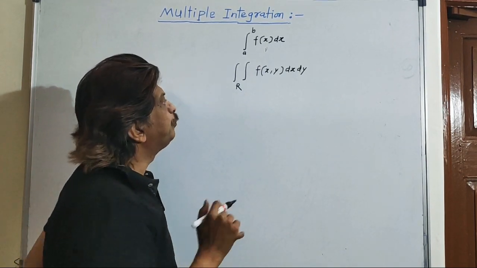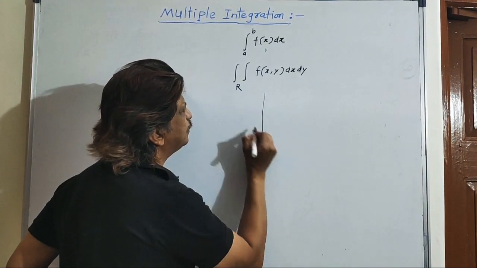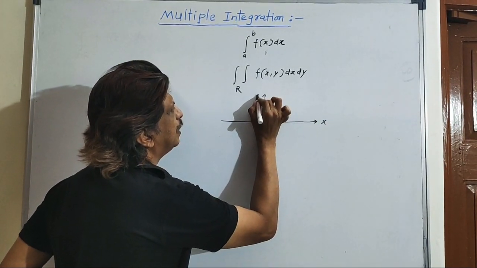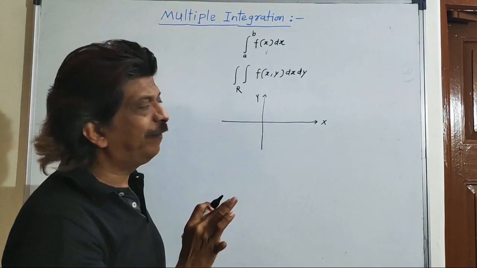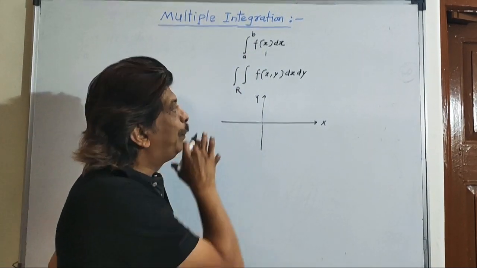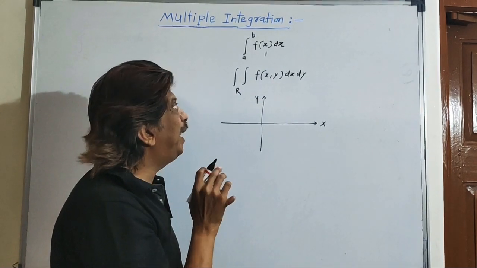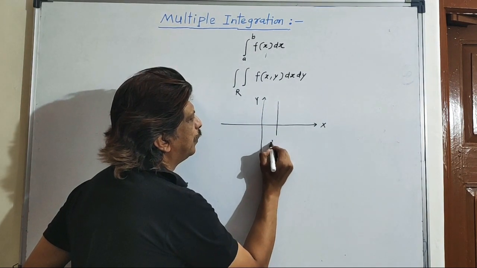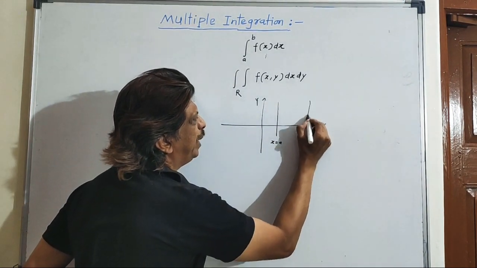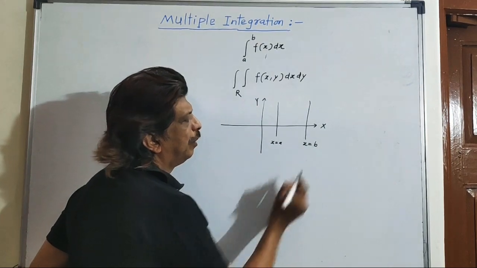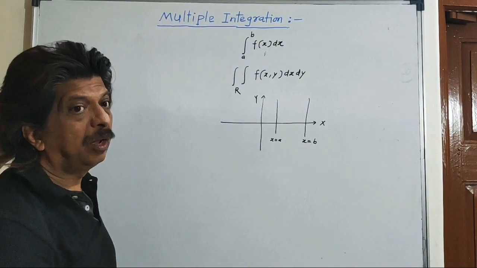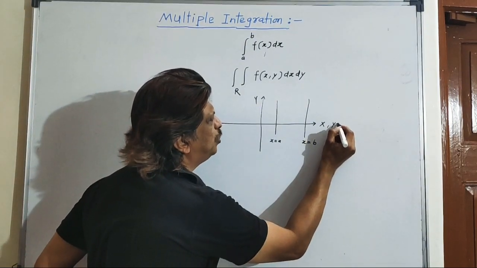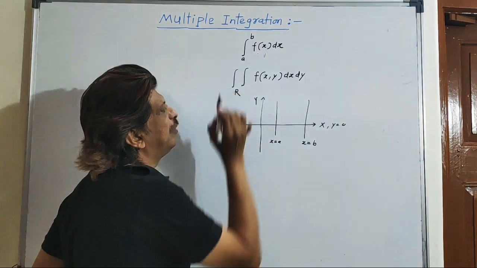Which four curves? If this is a coordinate axis, x-axis, y-axis, then the integral from a to b f of x dx is the plane area bounded by x equal to a, this line, to x equal to b, from left to right, and from y equal to 0, this x-axis is nothing but y equal to 0, to y equal to this function f of x.